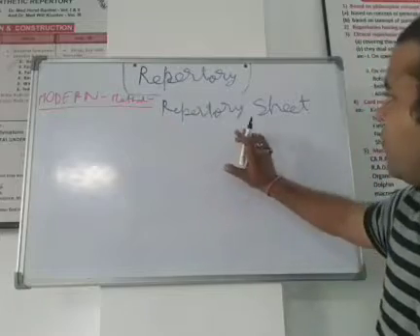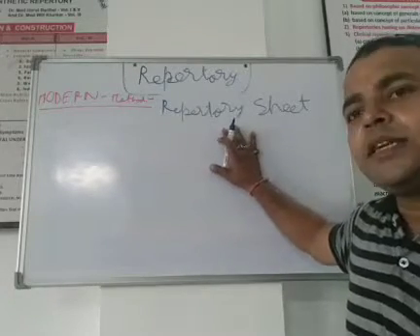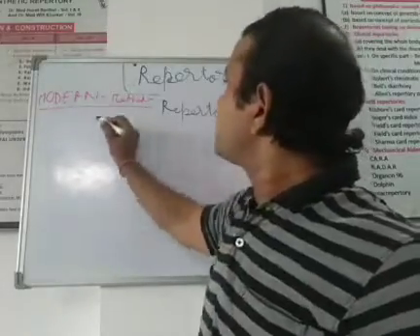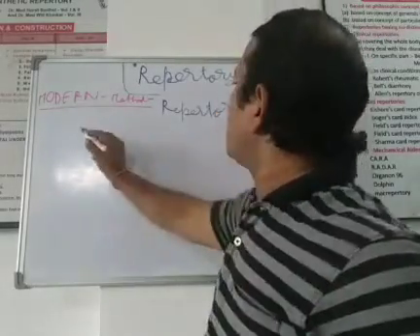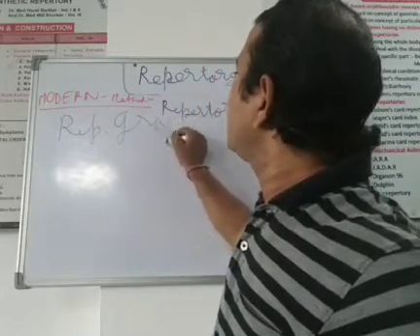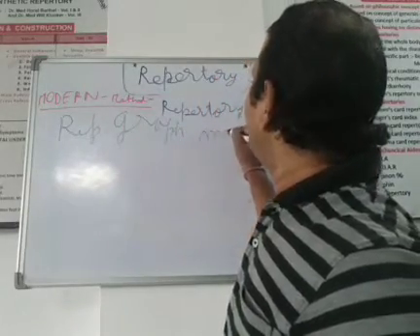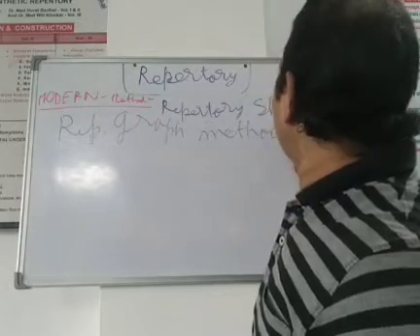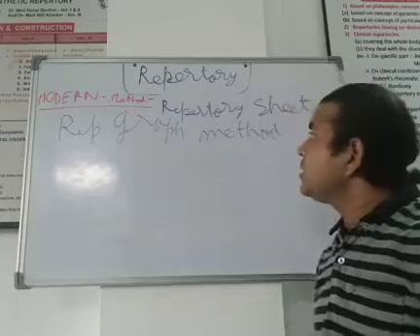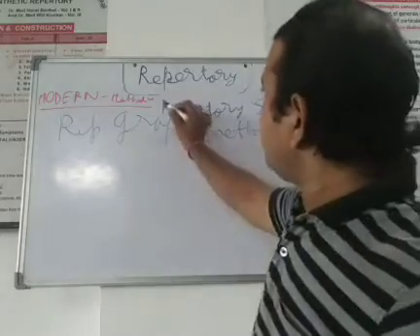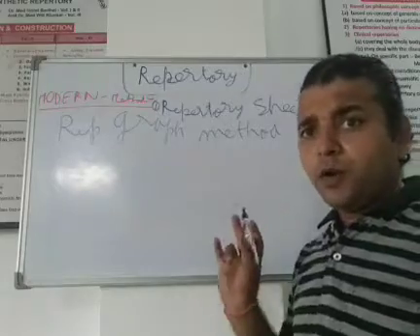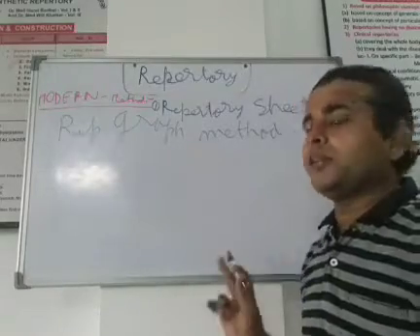And what is the other name of this method? It is also known as the repertory sheet or repertory graph method. So it has 2 terminologies, but it is only one method of the modern method.